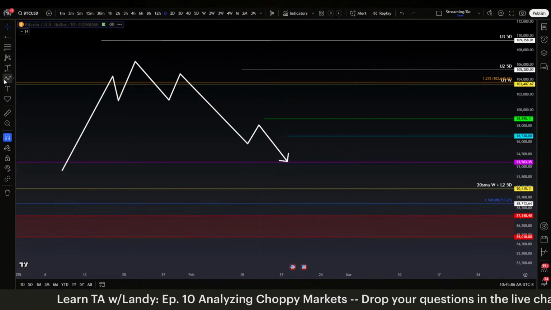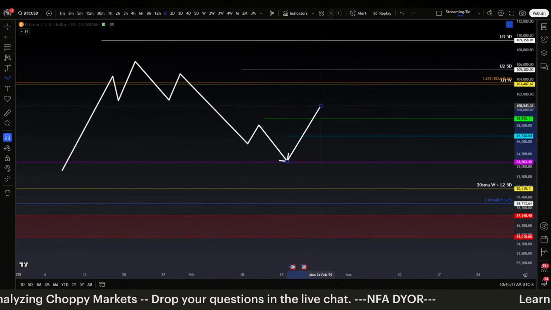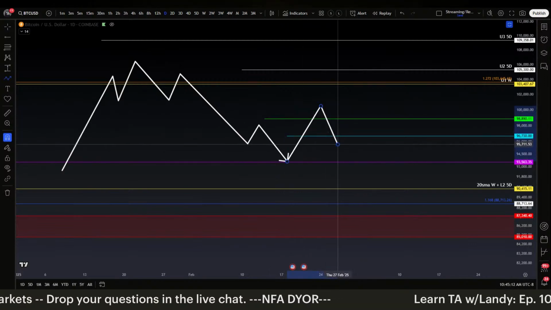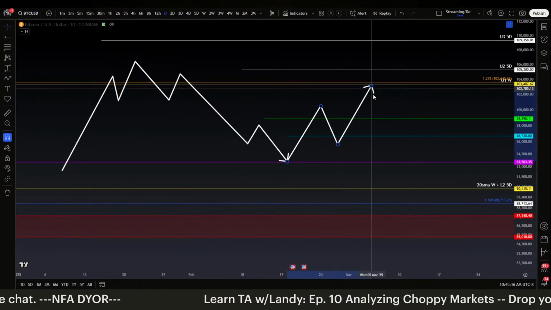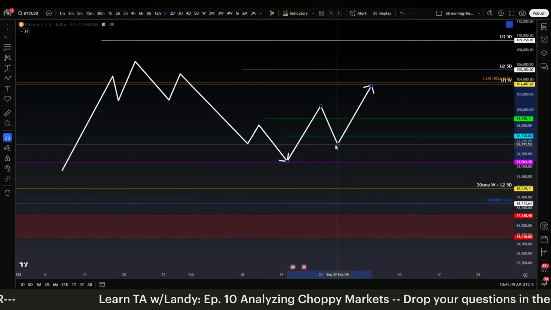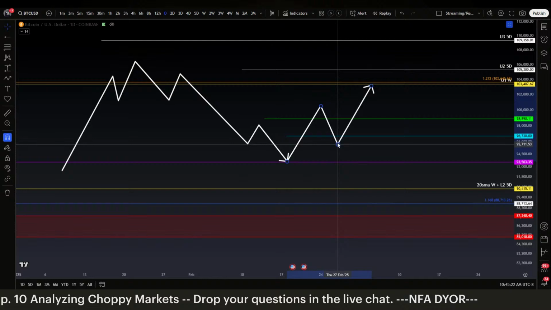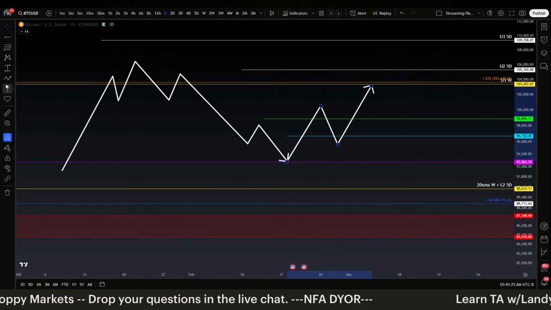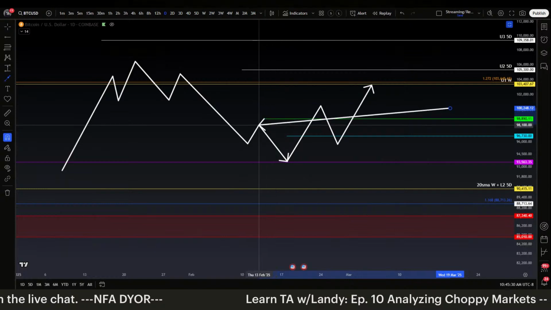And then we're looking for something like so. We'd be looking for something like this. And then we're looking for higher lows or equal lows. So either here, and then we look for a new trend to form. So essentially, we're looking for price to break this downtrend, right?